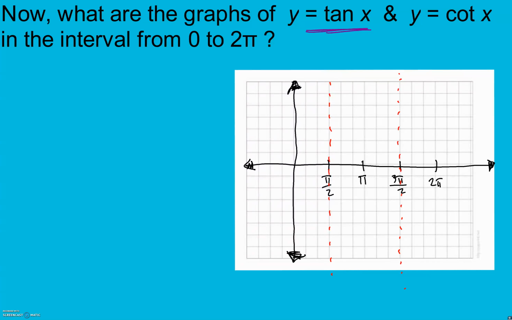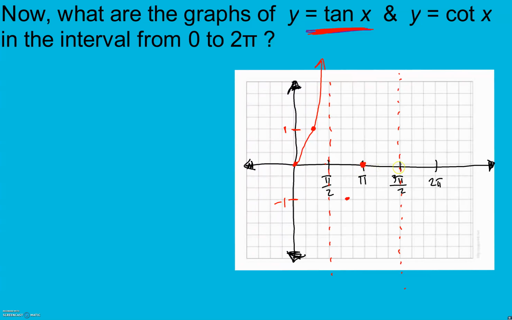The tangent in red. 0, halfway in between, it's at 1. And then goes towards the asymptote. Halfway in between our asymptote and our next 0 is 1.